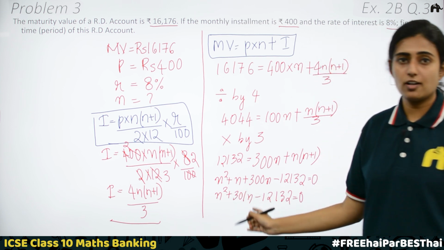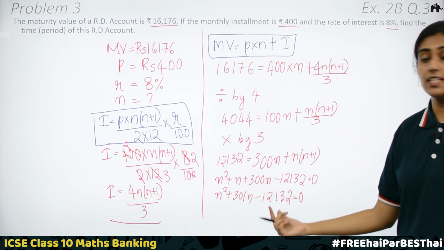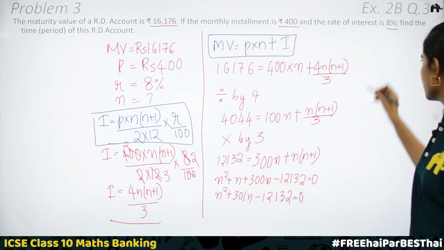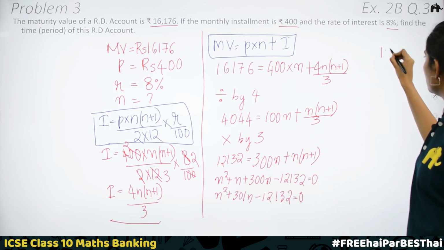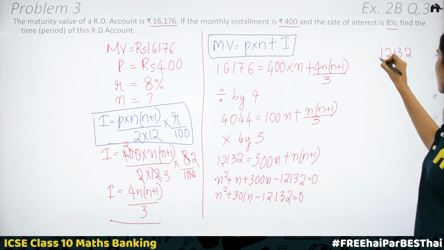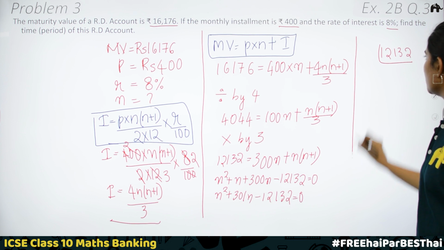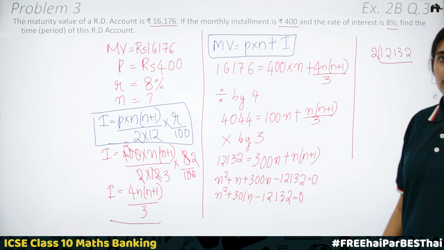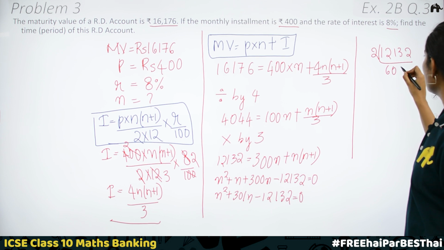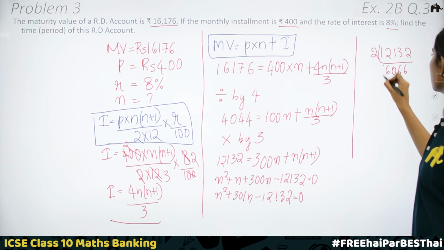In order to solve this, we can use the method of splitting the middle term. First, find the factors. We have 12,132 dividing by 2, you will get 6066.